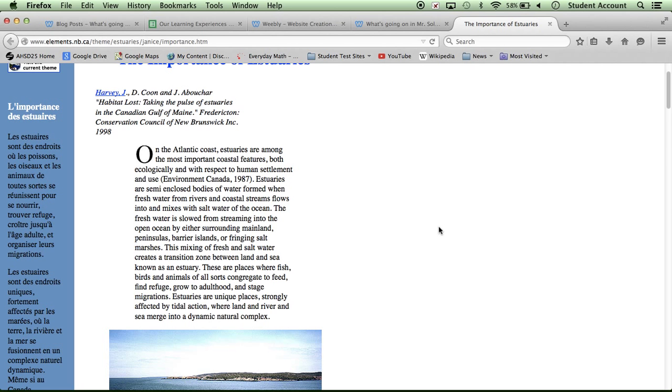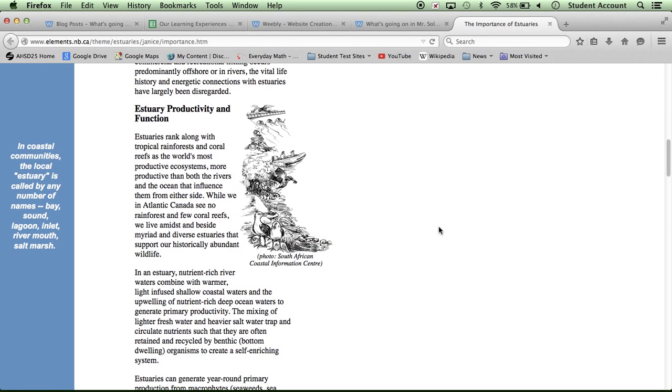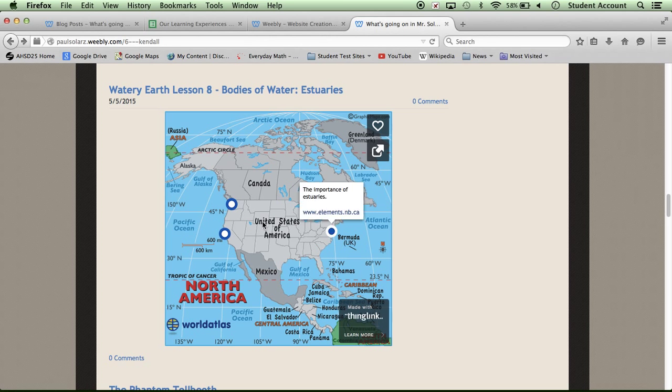So it has a very good economic system, and it's very productive because it has a very large ecosystem. It has fish, birds, marine mammals, and some crustaceans, like shrimp, crabs, things like that.